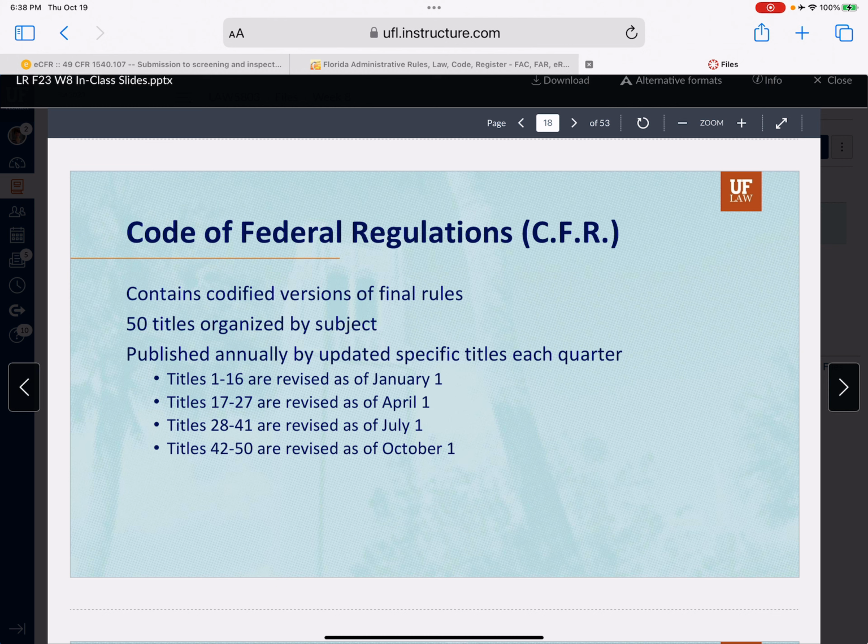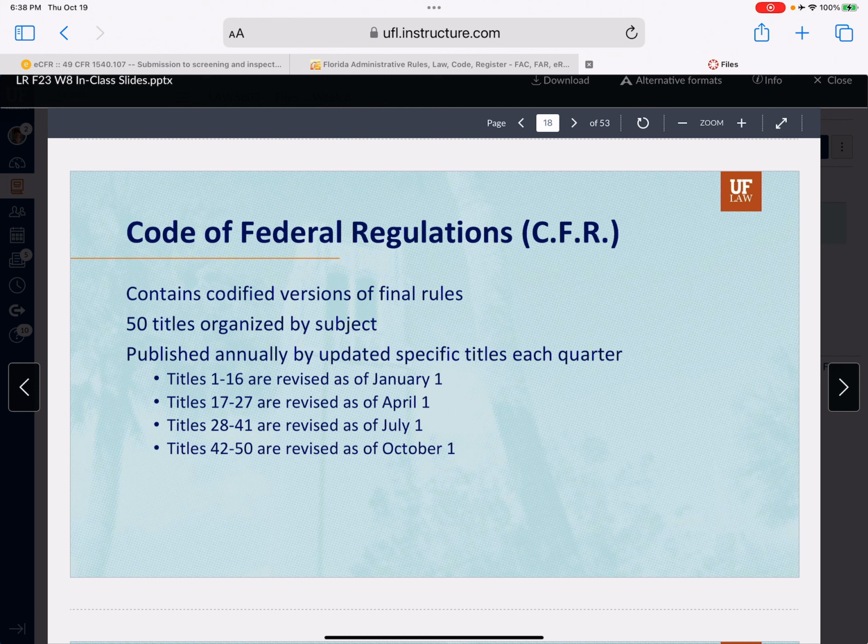They're called titles, just like it was for the U.S. Code for statutes, right? The thing is, instead of at the end of a congressional session, which is when the statutes at large get divvied up into subjects and published by subject in the U.S. Code, here with regulations, they do it quarterly.